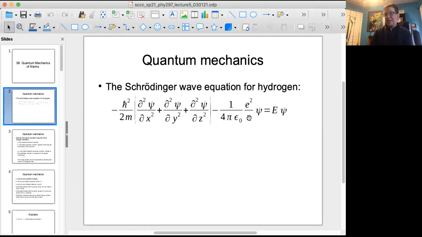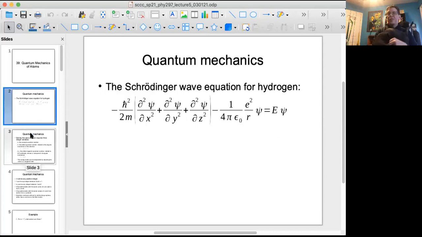Again, that's just the Coulomb potential energy from the fact that the proton and electron have the same charge e, but the proton is positive and the electron is negative. So the potential energy is negative, meaning they're attracting each other. And then you still have E, the total mechanical energy of the electron, multiplied by the wave function.